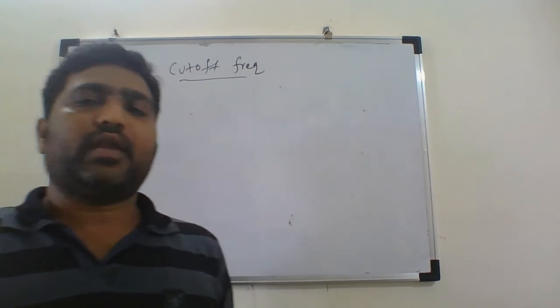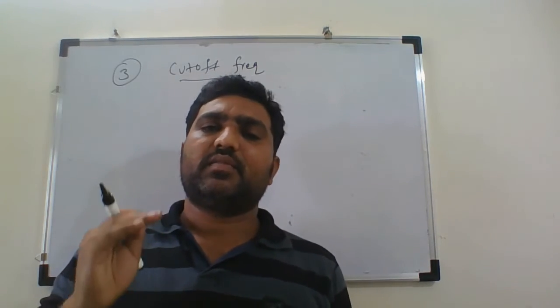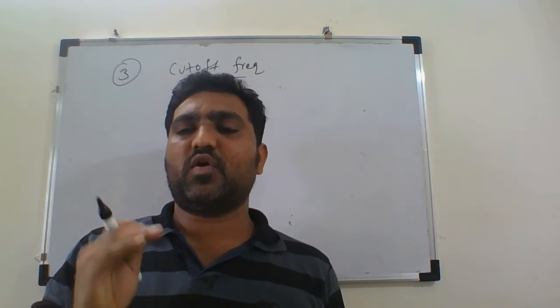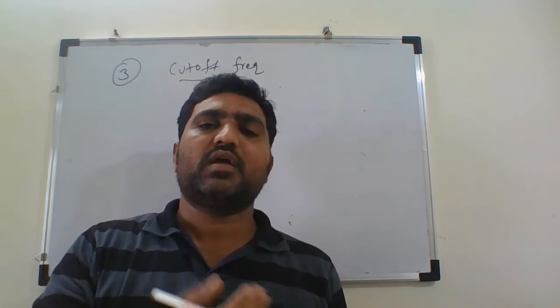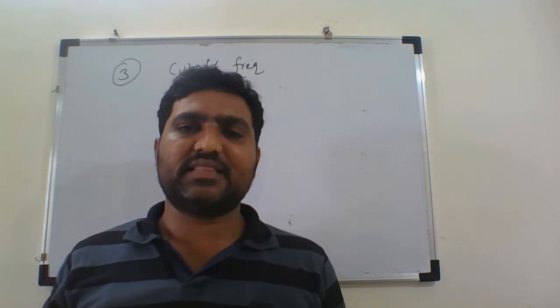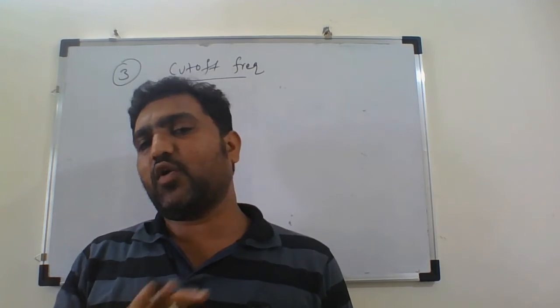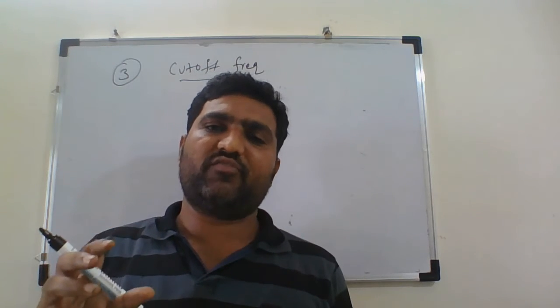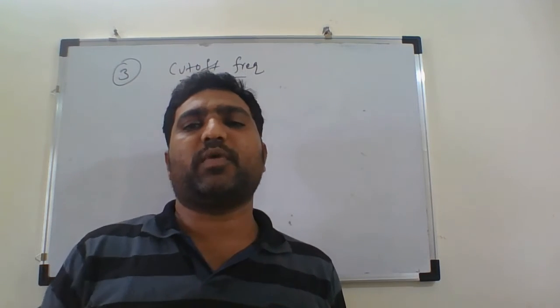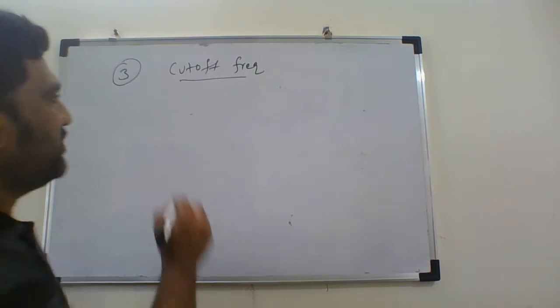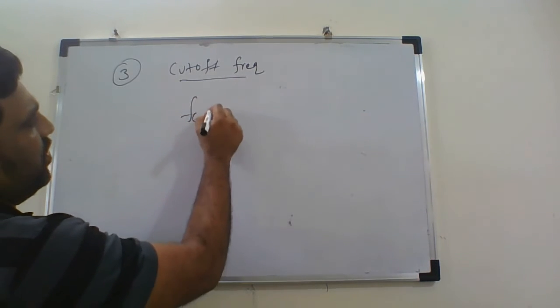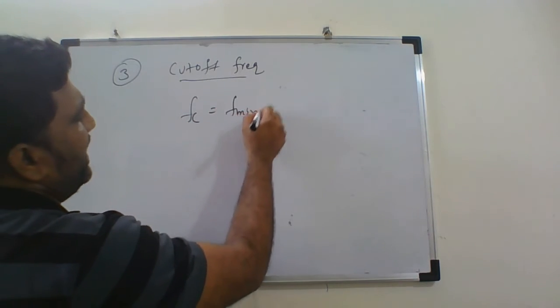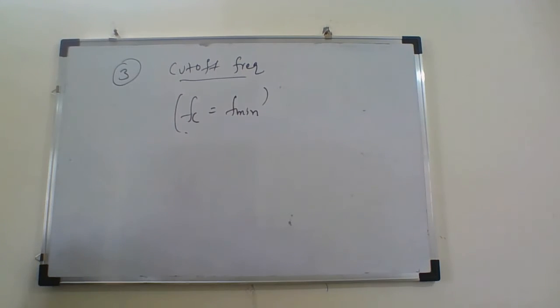There is a minimum frequency beyond which the waveguide will propagate. If the frequency is less than this minimum frequency, the wave cannot propagate. So there is a minimum cutoff frequency that you have to give to make the wave propagate through the waveguide. That minimum frequency fc or f minimum, we derived in the case of transverse electric mode.